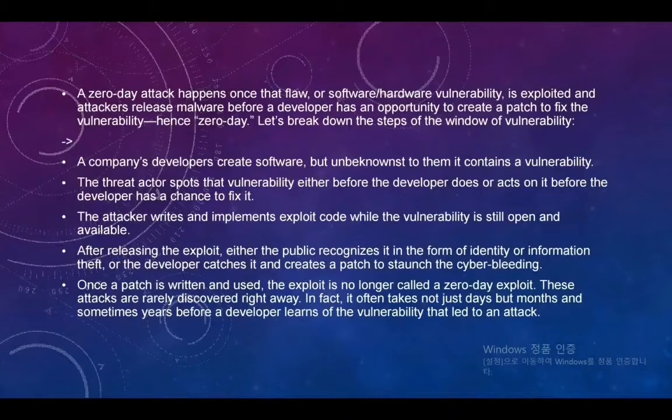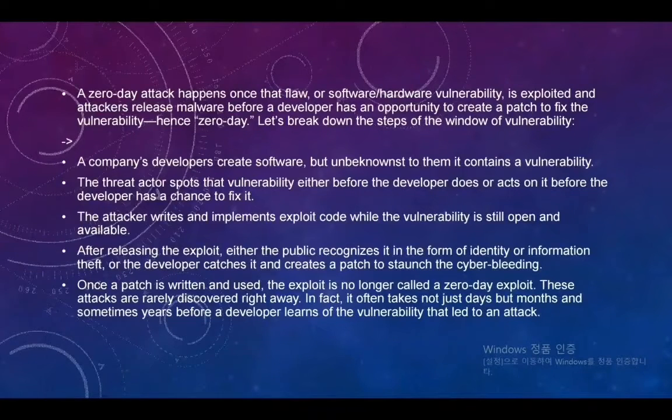After releasing the exploit, either the public recognizes it in the form of identity or information theft, or the developer catches it and creates a patch to staunch the cyberattack. Once a patch is written and used, the exploit is no longer called a zero-day exploit.